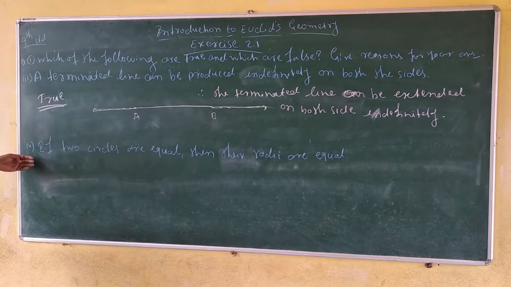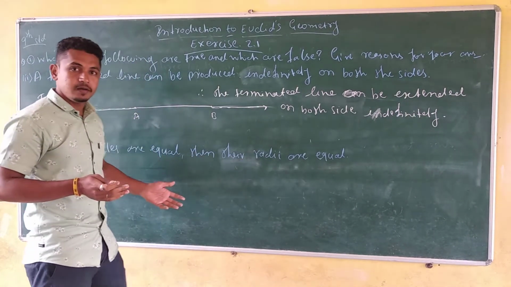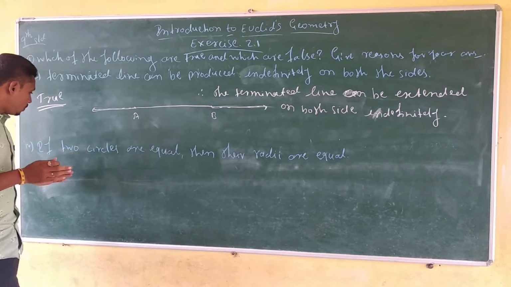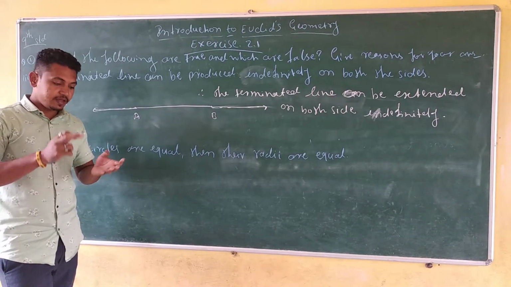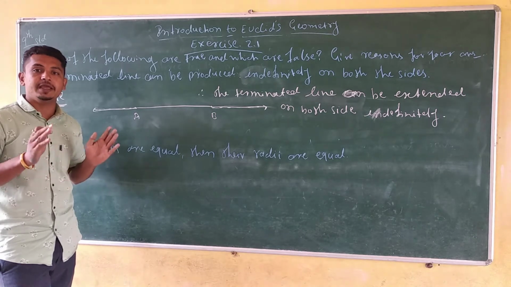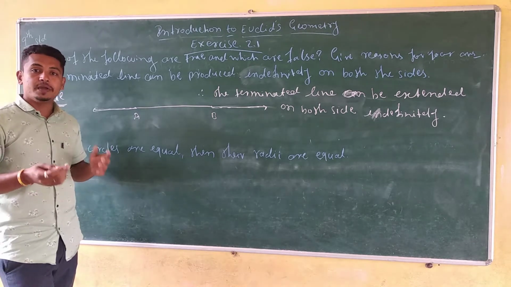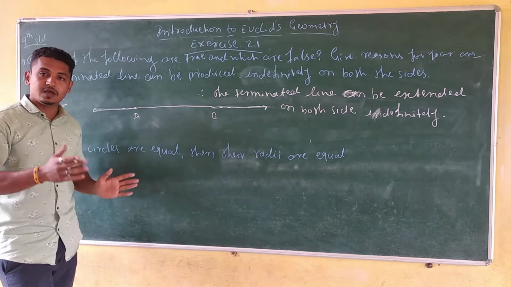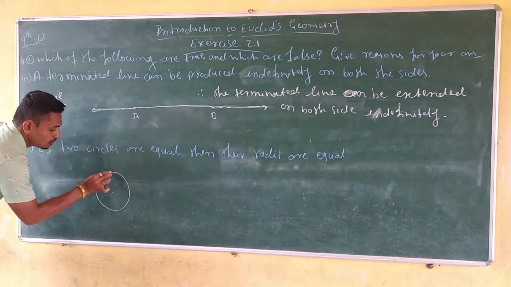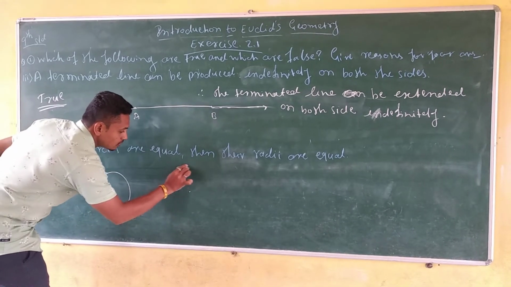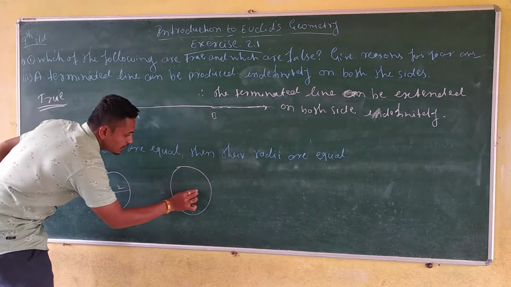The next statement is: if two circles are equal, then their radii are equal. First you should know what it means when two circles are equal. When two circles are equal, their center and their circumference will be equal. At that time, we can call these two circles equal to each other. Take one example here. This is one circle, and its radius is 2 centimeter, and the other circle's radius is also 2 centimeter.